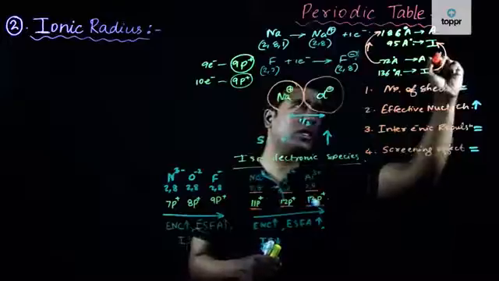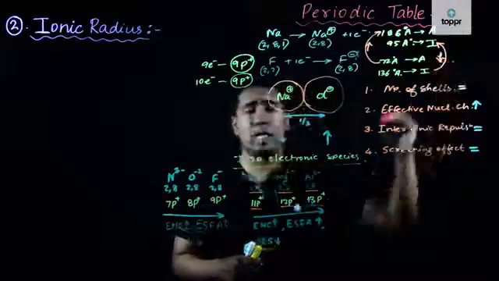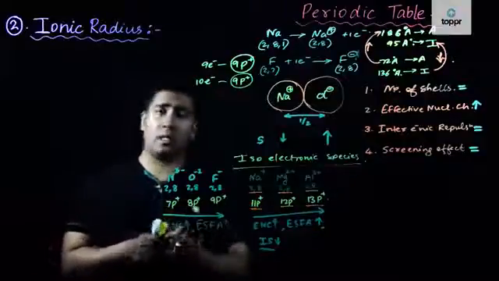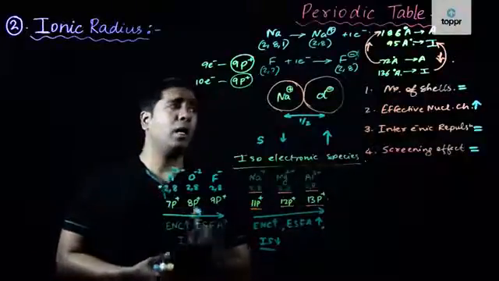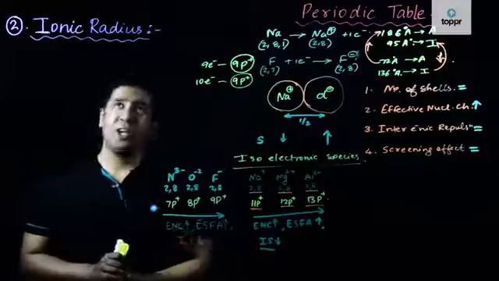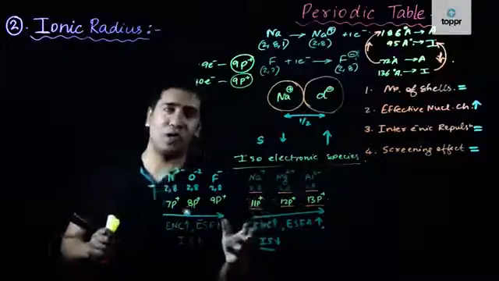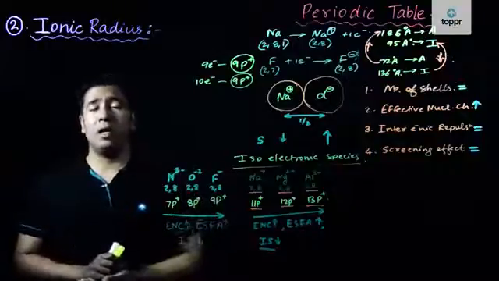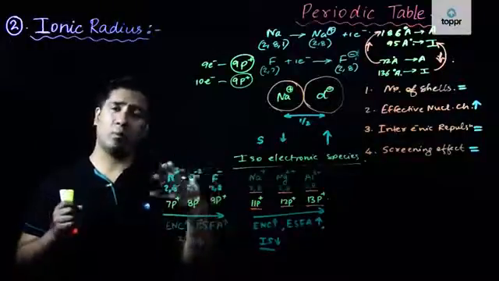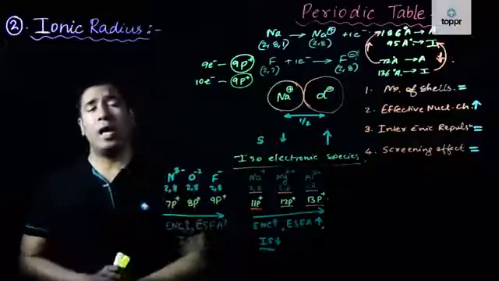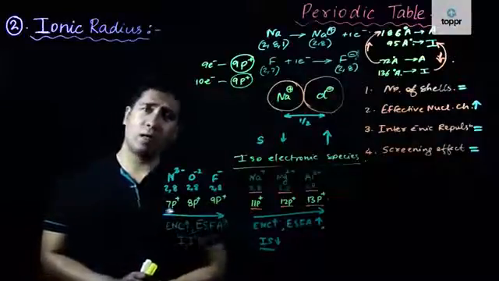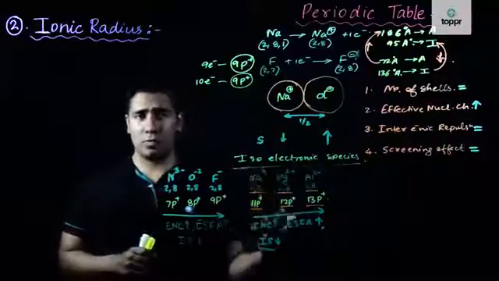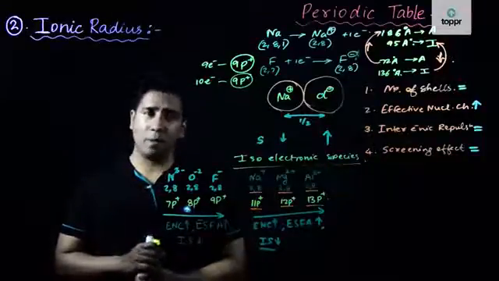So here, as you can see, there is a decrease in the ionic size because of the only effect which is applicable here in the calculation of ionic size, that is the effective nuclear charge. So I hope, my dear friends, that you have understood how the ionic size is affected across the group as well as periods when we are concerned about the effective nuclear charge, which is the only factor which is applicable.